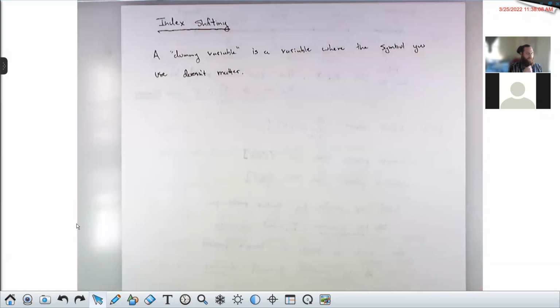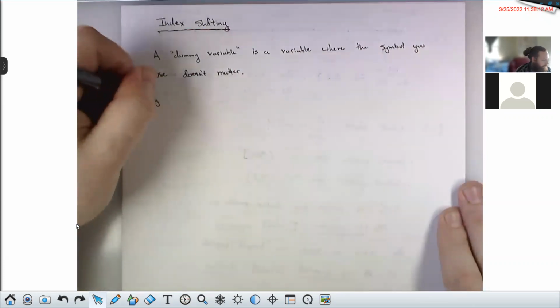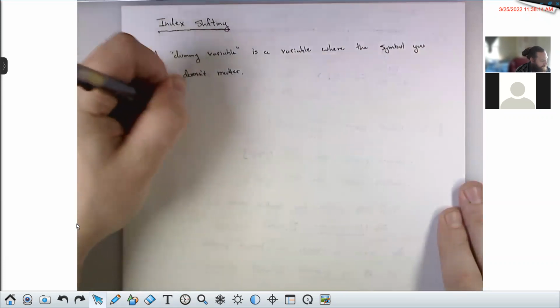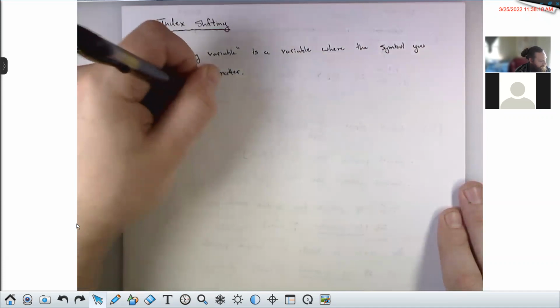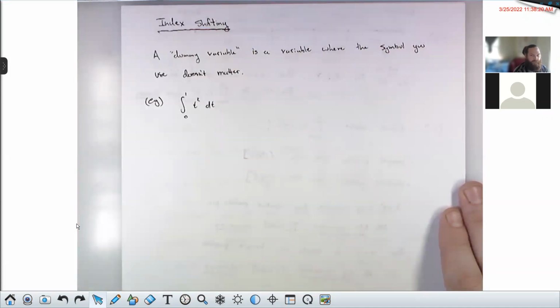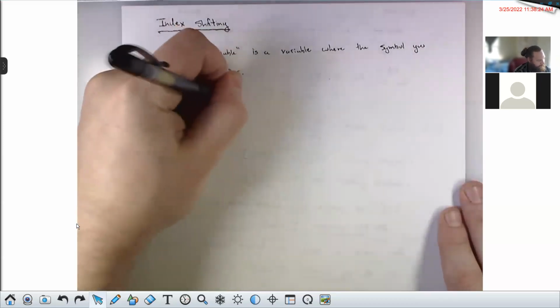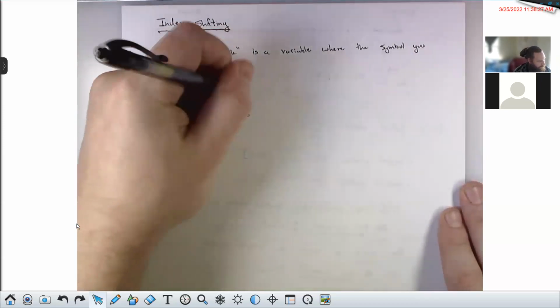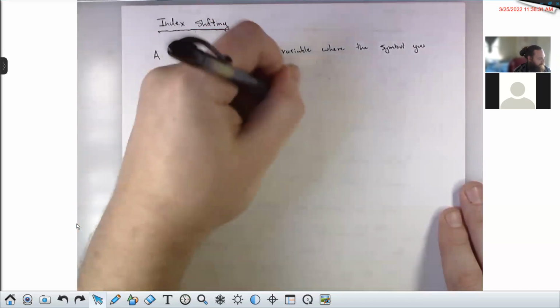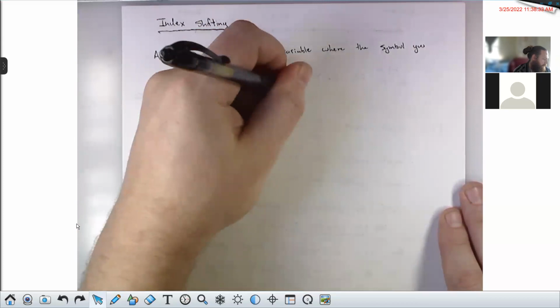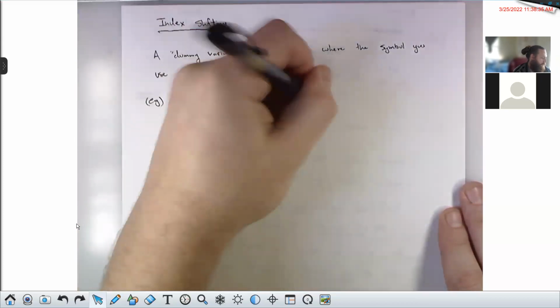A dummy variable is a variable where the symbol you use doesn't matter. For example, the integral from 0 to 1 of t squared dt, the t there is a dummy variable because this is going to be the same as the integral from 0 to 1 of x squared dx, and that's the same as the integral from 0 to 1 of y squared dy.